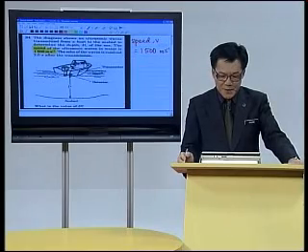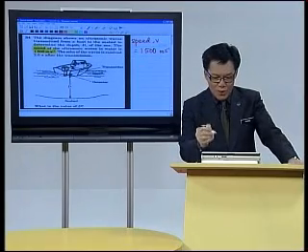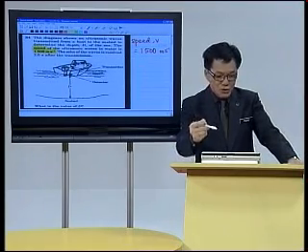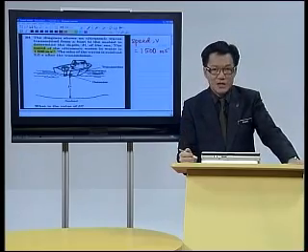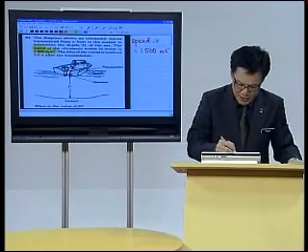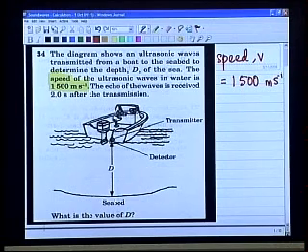Now, what about the second one? The echo of the waves is received 2 seconds after the transmission. Now, what does it mean? Look at the diagram. It means that we send the waves, ultrasonic waves. After that, it is reflected.